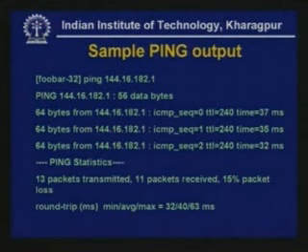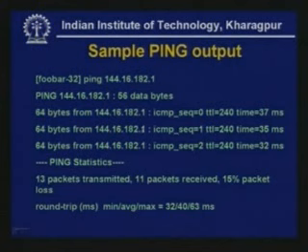ICMP sequence equal to 0, time to live is 240 and time is equal to 37 milliseconds. So it gives you some idea about how much time it takes. Then another packet has come back as an echo reply, 64 bytes from the same machine, sequence number 1, and time is so much.